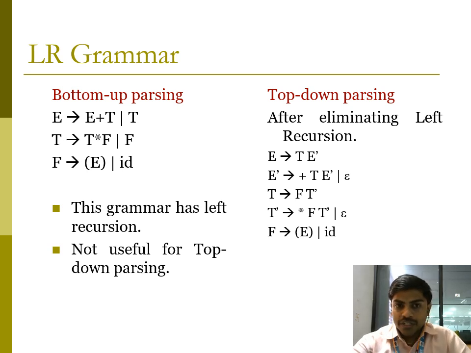So the first production of this grammar is said to have left recursion. This left recursive property is not suitable for top-down parsing because it will take the parsing process into an infinite loop. Top-down parsing must eliminate left recursion if it is present, and hence top-down parsing first does the removal of left recursion, while it is not essential for bottom-up parsing.